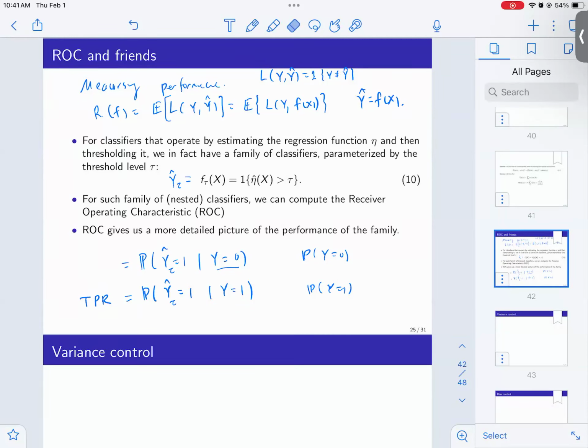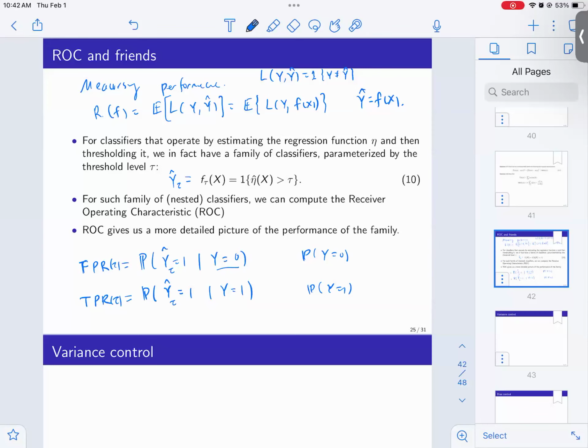They have other names like sensitivity, specificity, which is not the false positive rate. If you look at the Wikipedia article for these things, there are many different names, but I'm going to go with this because it's more clear: false positive rate, true positive rate. And so this is going to be a function of tau.